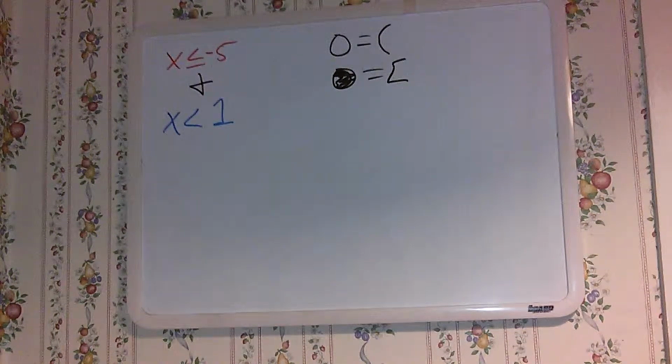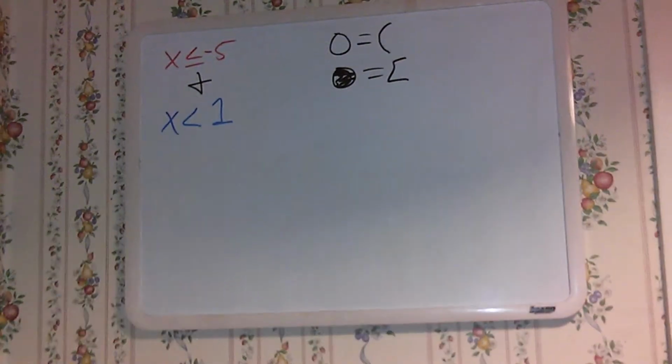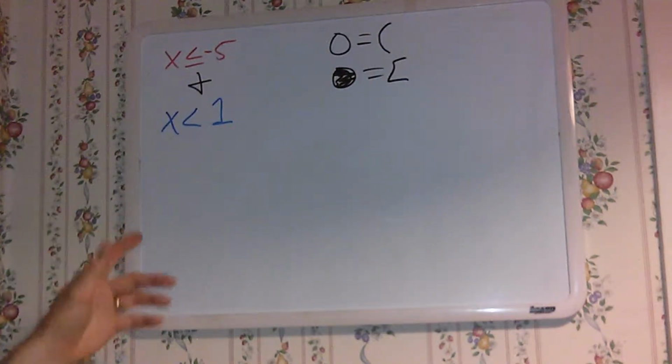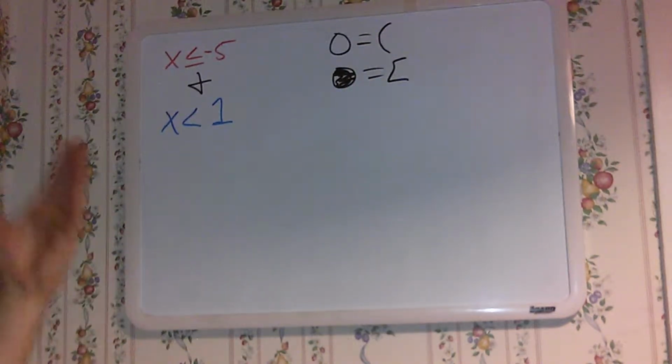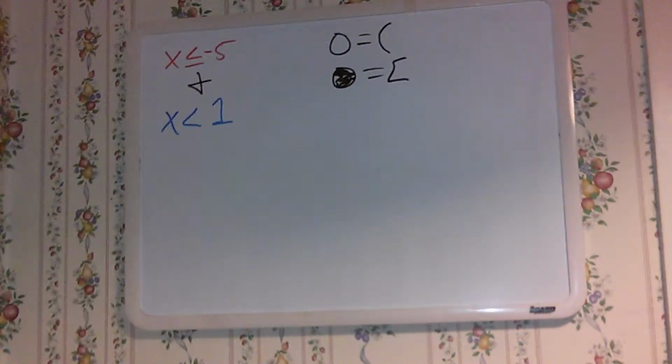Now, in the old days when I was in high school, what I learned was an open dot and a closed dot. And what the open dot meant was that the number that you're graphing from is not included in your solution set. And by the way, the solution set is just basically the numbers that would make this inequality true, a number that you can plug in that actually makes the inequality true.